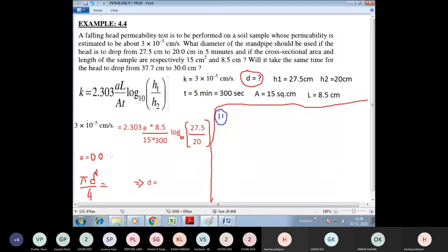Okay, it is exactly 0.05 or it is 0.04948. 0.049, sir. So you can round it off to 0.05. And all the lengths are in centimeter, so area will be in centimeter square.